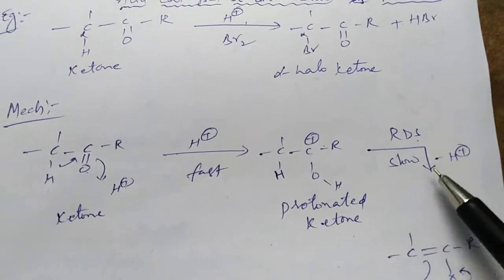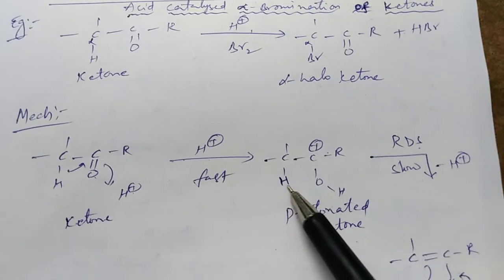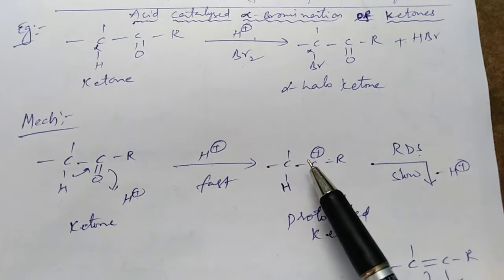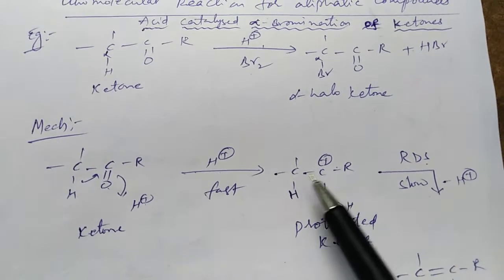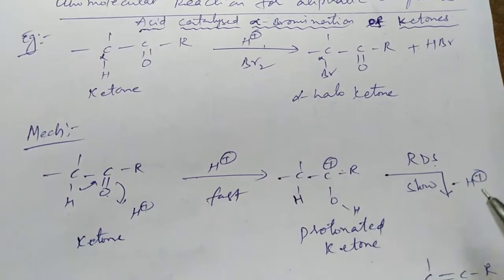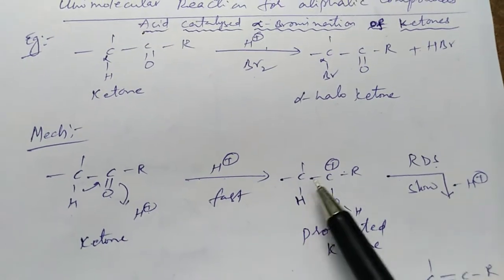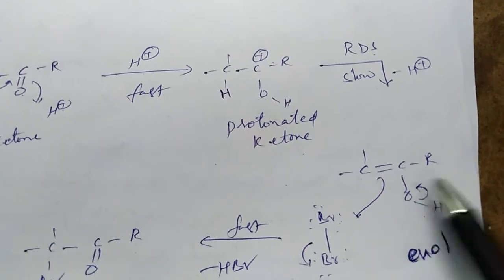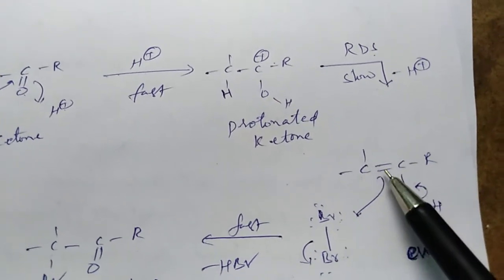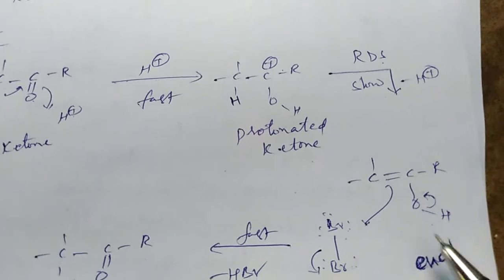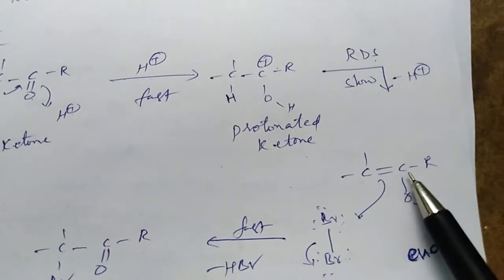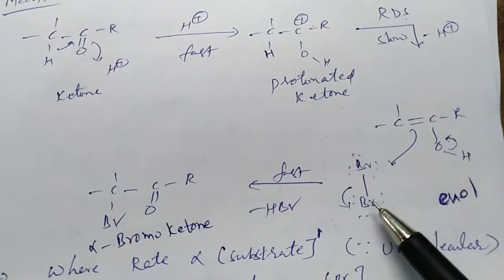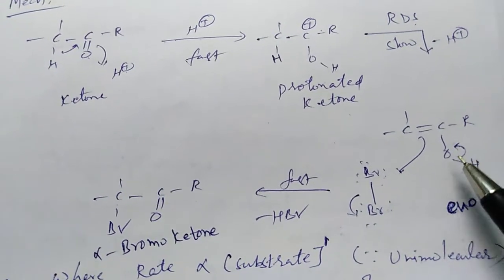In the next step, by eliminating H plus from the alpha carbon, because the neighboring carbon of the keto group is called alpha carbon, it becomes enol, means the double bond between two carbons and one alcohol is present on the functional group carbon, where the bromine molecule reacts with enol.